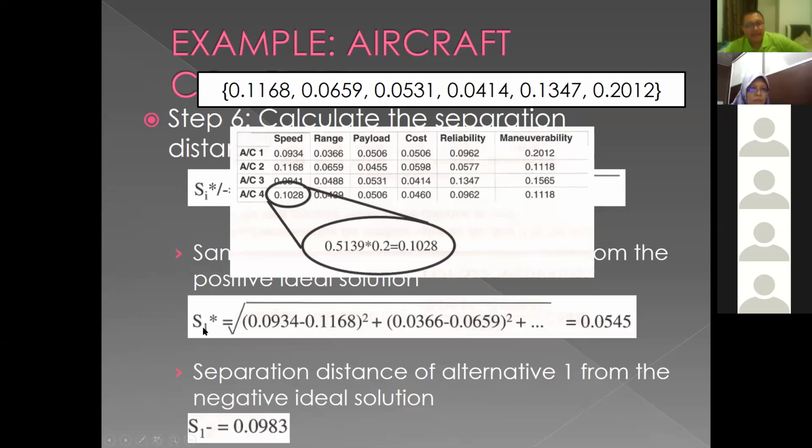So you have S1, S2, S3, and S4. 4 values for S plus. And then for the negative ideal solution, you will get another 4 values.